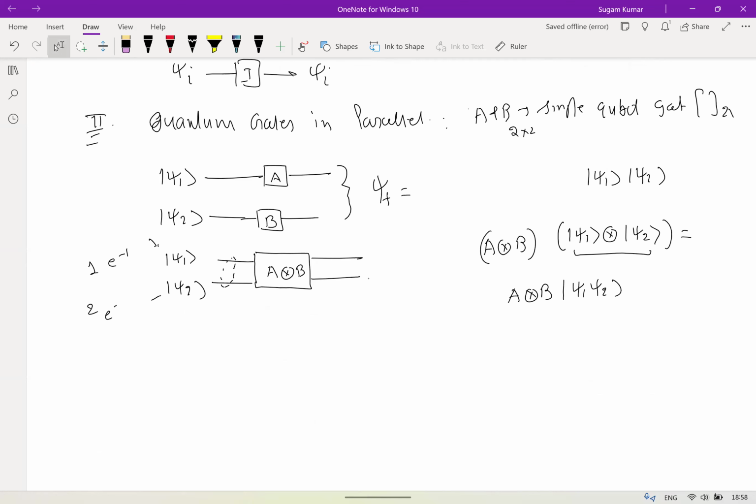So for example, we can take an example. I want to apply a Hadamard gate. You have a 0 state and I want to apply, let us say, a Hadamard gate here, and on the 1 state, do nothing. This is still a parallel combination, but now the 2 qubits are there. In this case, because there is no gate on the 1, to do the calculation I will consider an identity gate here, correct?